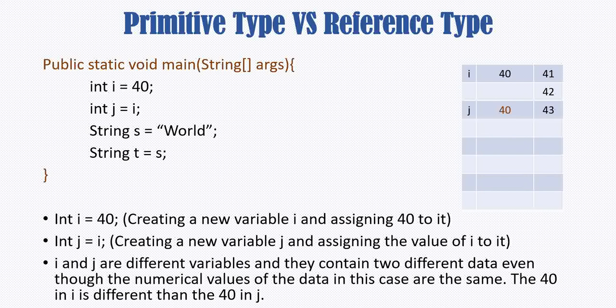The important thing to understand is that i and j are different variables and they contain two different pieces of data. Even though the numerical values are the same, the 40 in i is different than the 40 in j. i is storing a value 40 and j is storing another value 40.